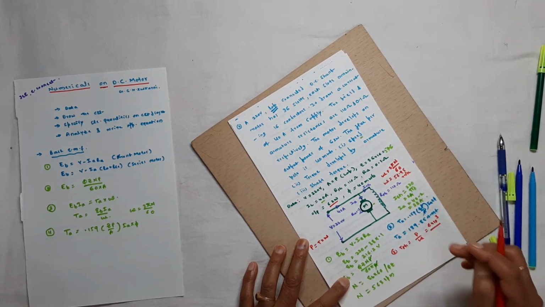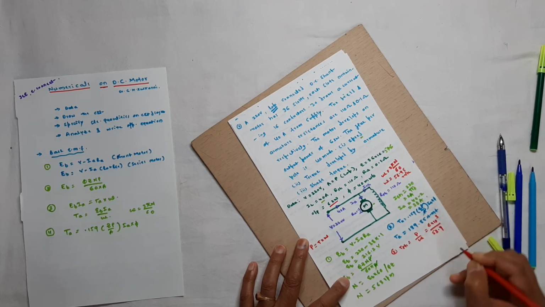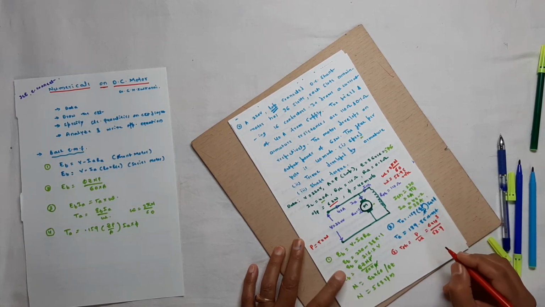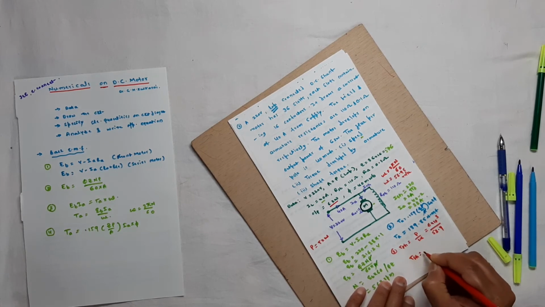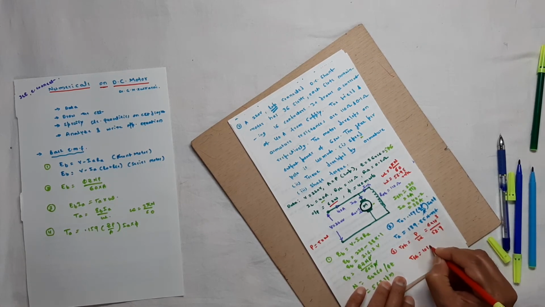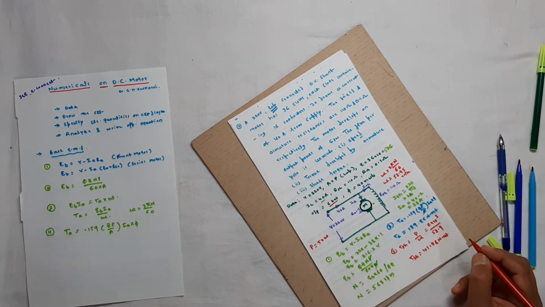If you put 58.95 here, then the torque, that is TSH, comes out to be 101.78 Newton meter.